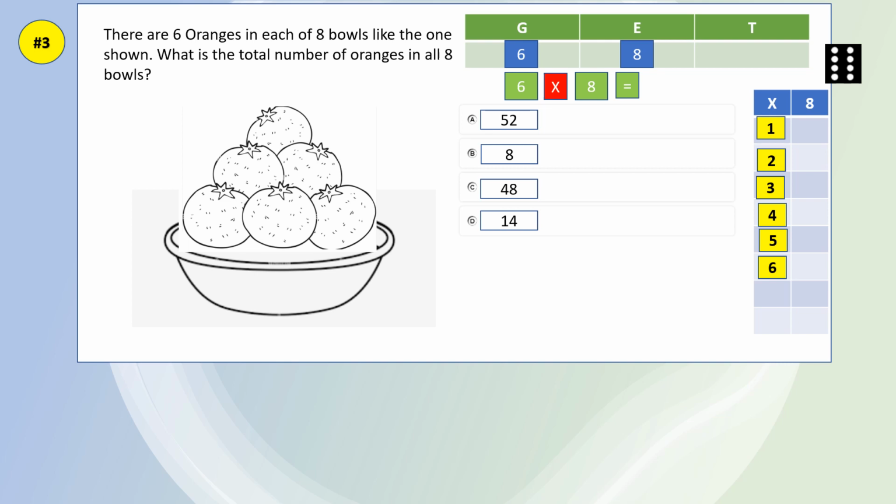Okay, so now we have our ratio table representing 6 times 8. And we're going to go ahead and fill in our multiples of 8.